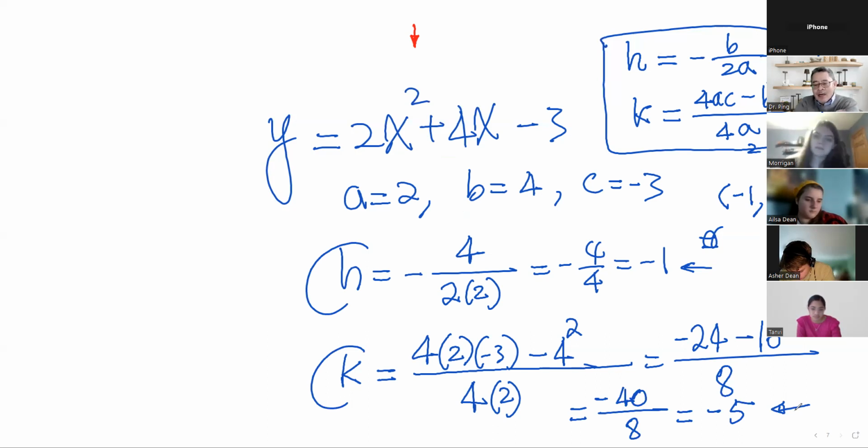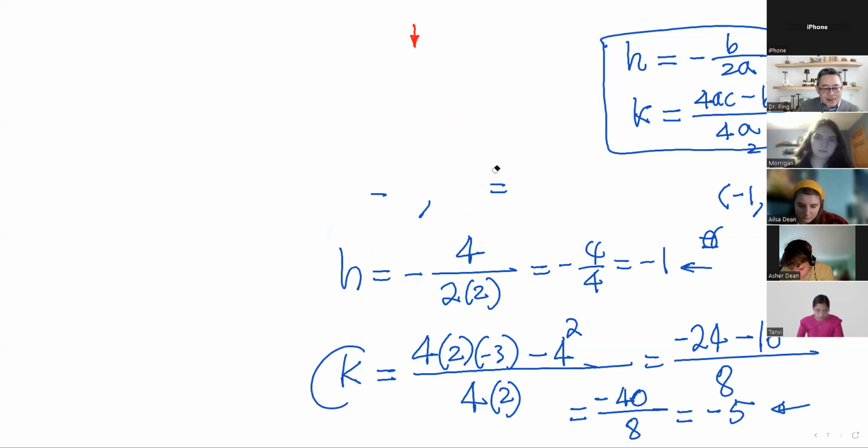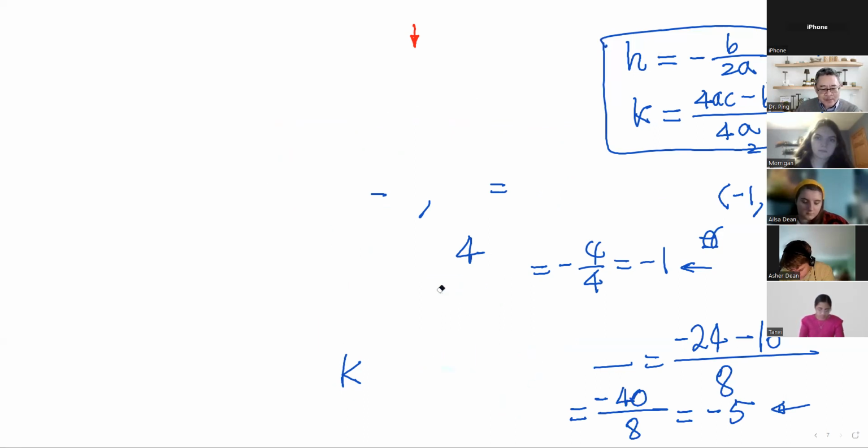Are we good here? Okay. So I'm going to give an example, and I'll keep the formula there, and you'll calculate the vertex point. Sounds good.